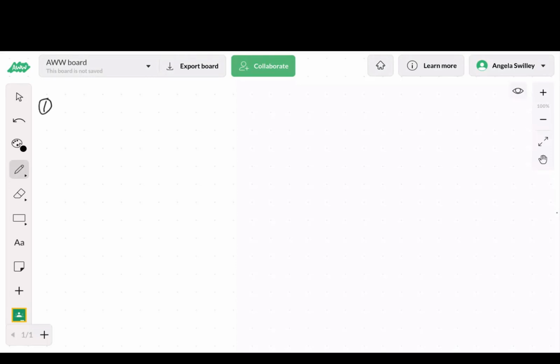And the first step that you need to include is writing your variables. The second thing you need to include is writing your formula with letters.